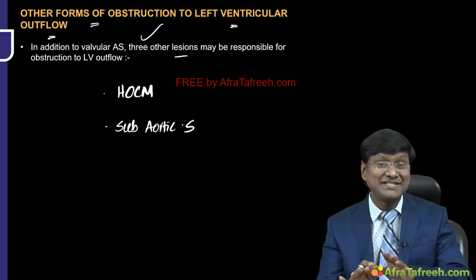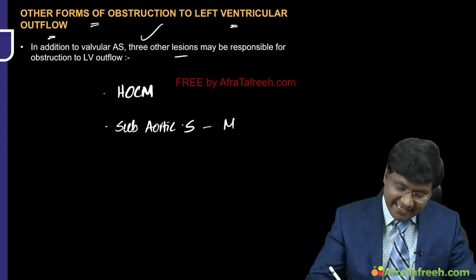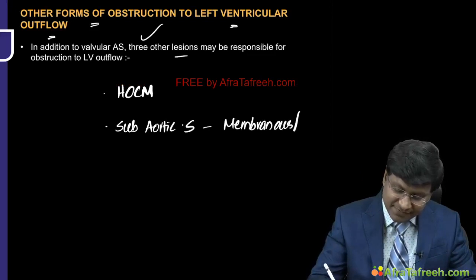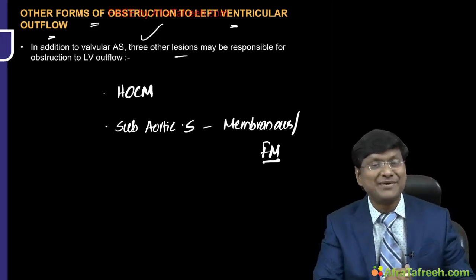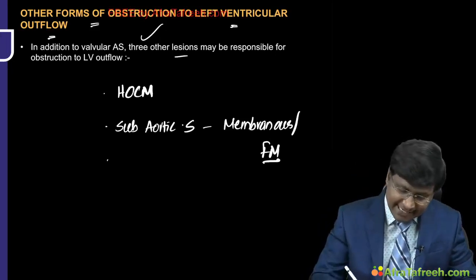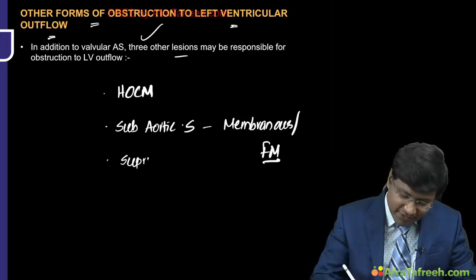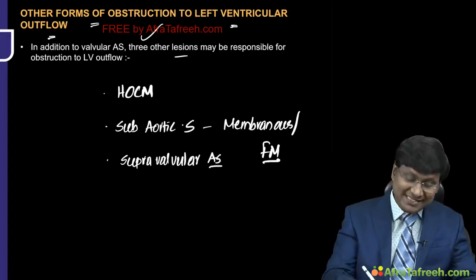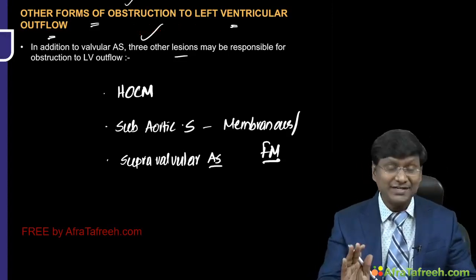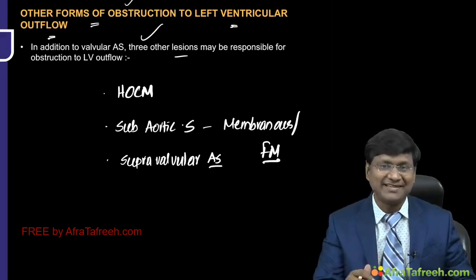And this subaortic stenosis is either membranous subaortic stenosis or fibromuscular subaortic stenosis, right? Then another important etiology is supravalvular aortic stenosis, right? Supravalvular aortic stenosis. So these are the other forms of obstruction to the left ventricular outflow tract, right?